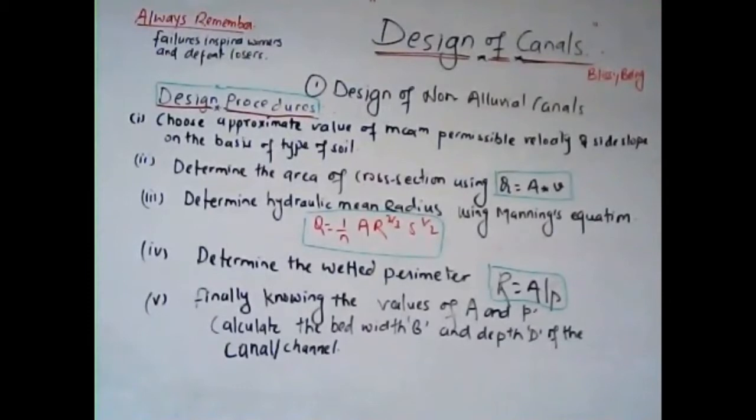Finally, knowing the cross-sectional area and the perimeter, you can determine the bed width and the depth of the channel. Our main aim is to determine the bed width and the depth of the channel section.